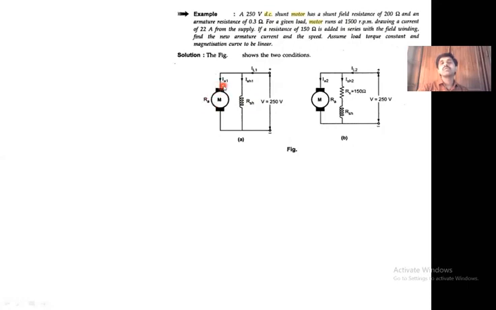For a given load, the motor runs at 1500 RPM, drawing a current of 22 amperes from the supply. If a resistance of 150 ohms is added in series with the field winding, find the new armature current and the speed. Assume the load torque is constant and the magnetization curve to be linear.